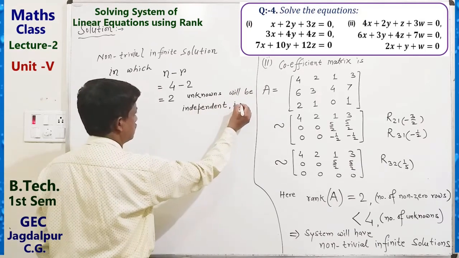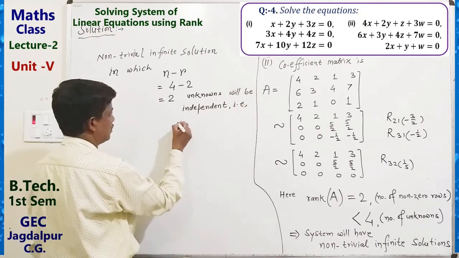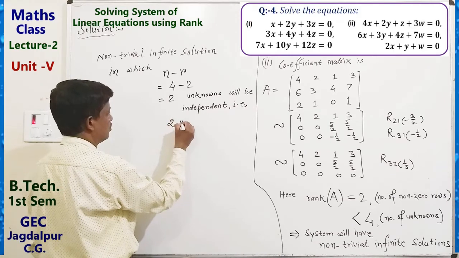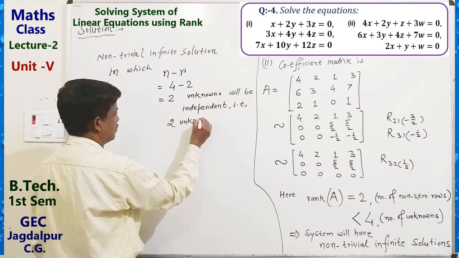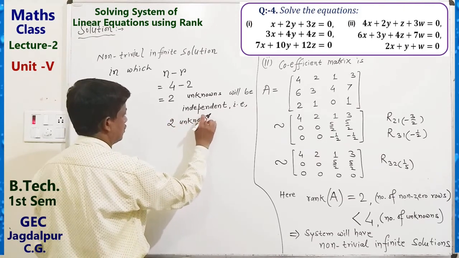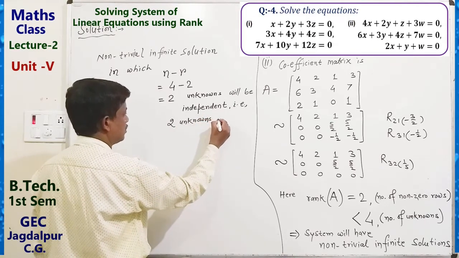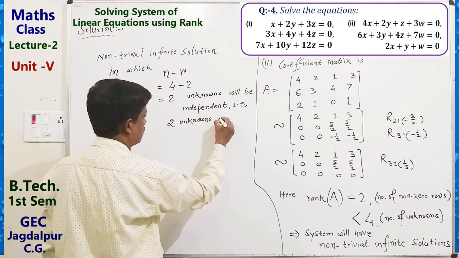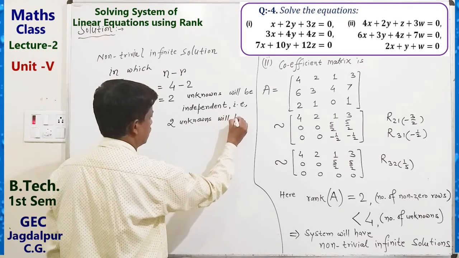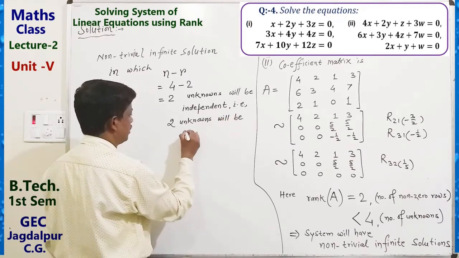That is, two unknowns will be arbitrary.